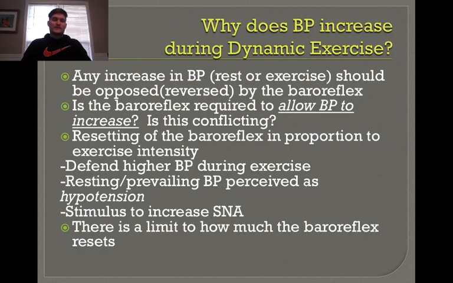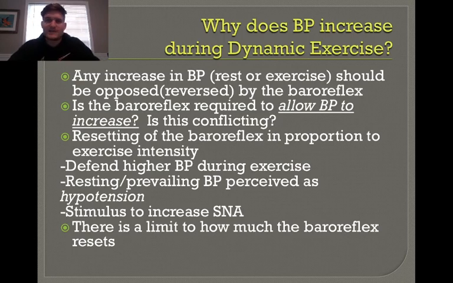So why does blood pressure increase during physical activity, right? Because in theory, any increase in blood pressure should be opposed or reversed by the baroreflex, right? So blood pressure goes up, the body activates the autonomic response to help bring it back down, and vice versa, right? So is the baroreflex required to allow BP to increase, right?